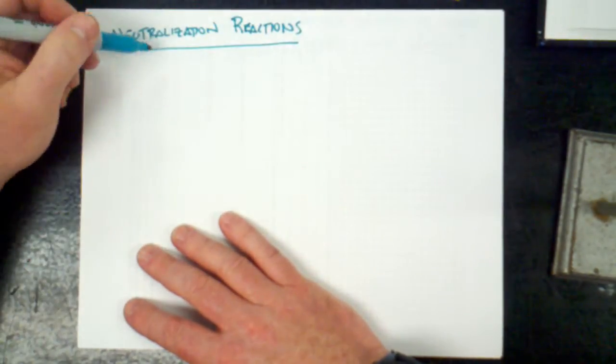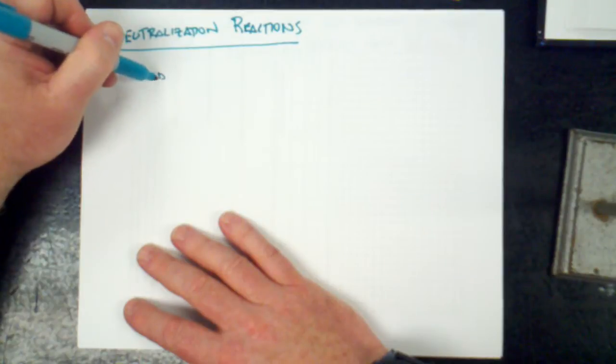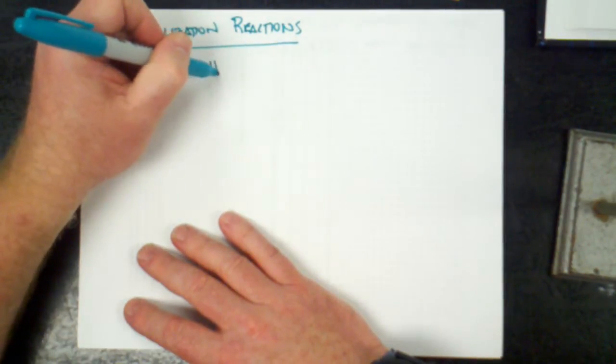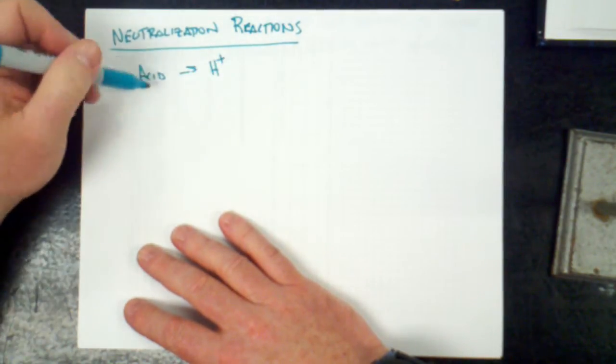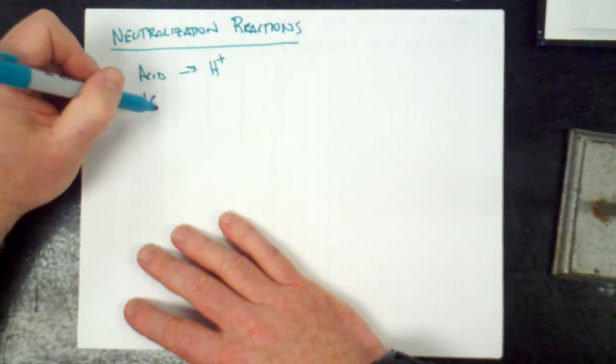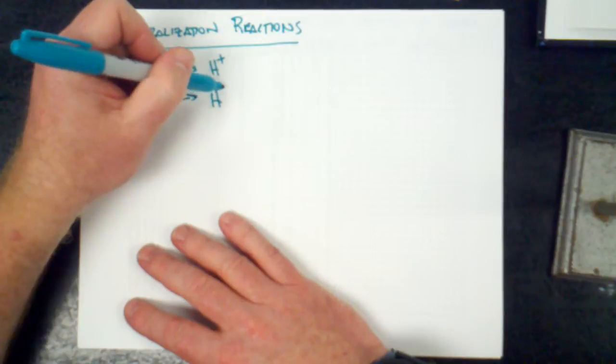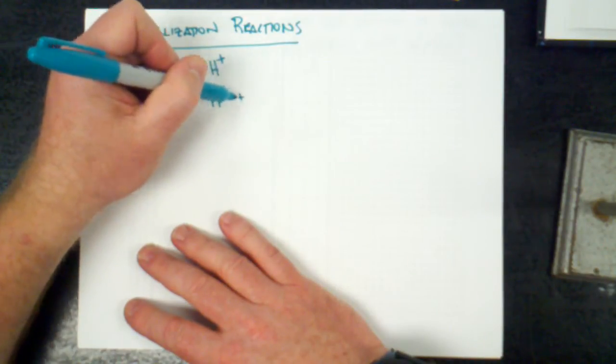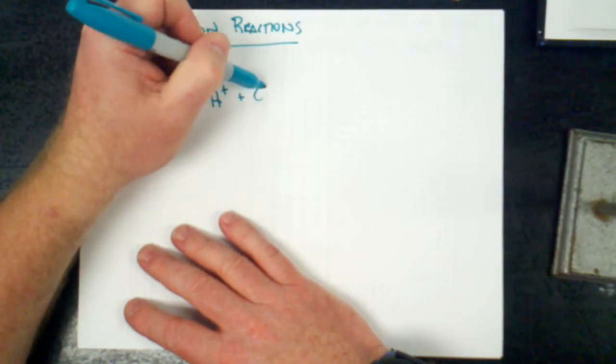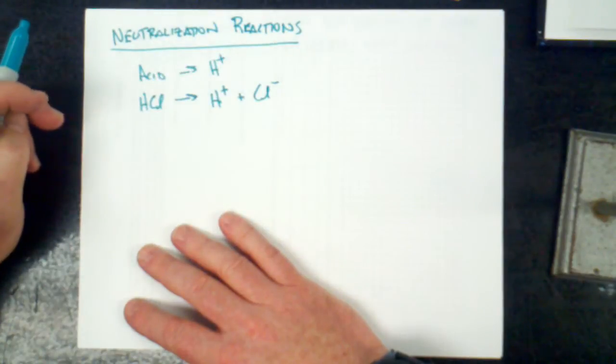As you might remember, acids produce hydrogen ions in solution. And a strong acid, like hydrochloric acid, completely dissociates into hydrogen ions plus chloride ions.